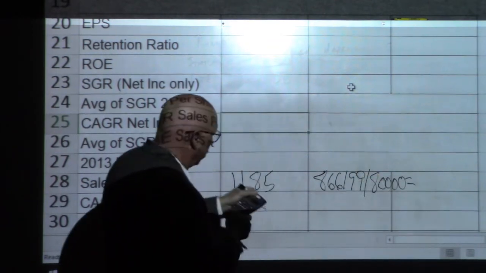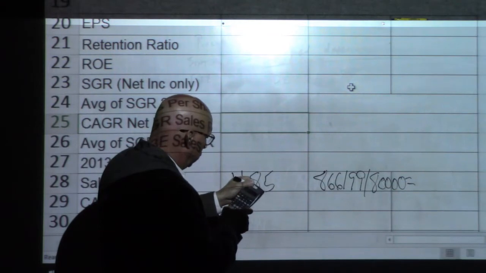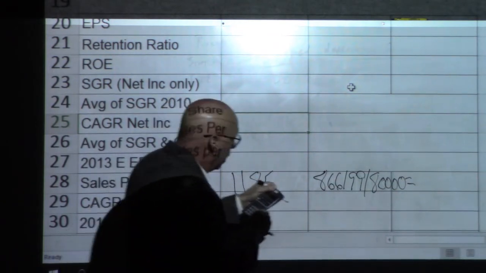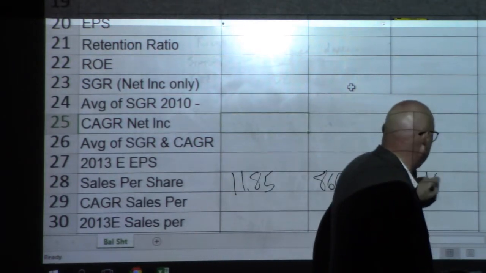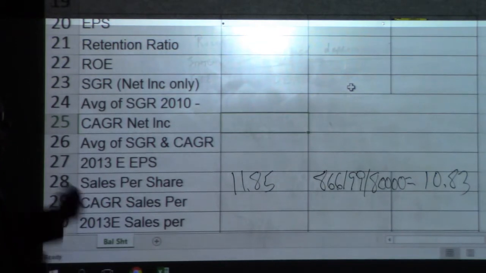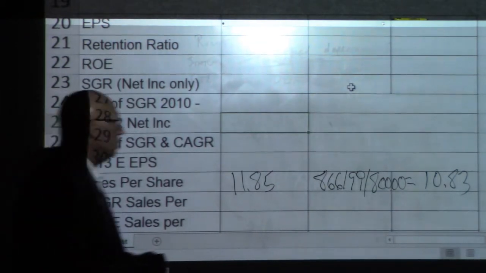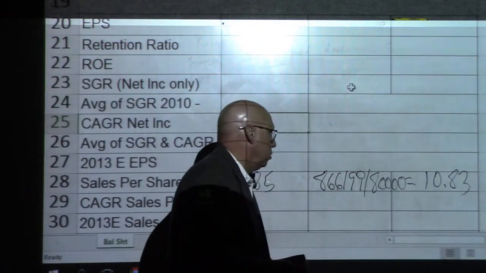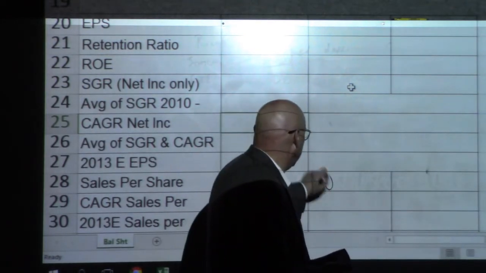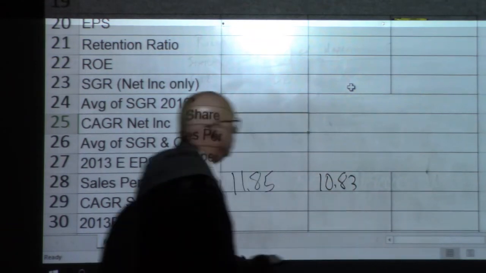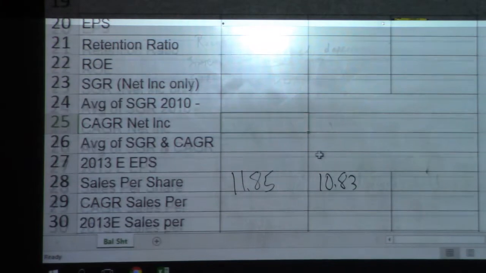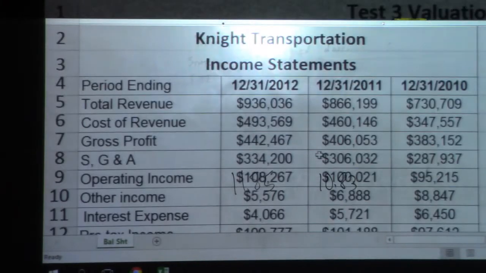Let's find sales per share. $866,199 divided by 80,000, and we get $10.83. Sales per share in 2011, $10.83. Sales divided by the number of shares.